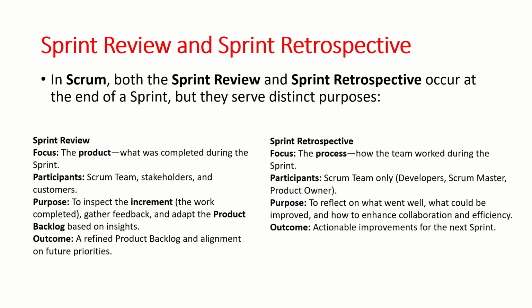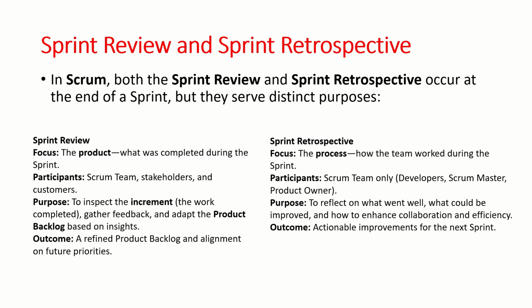In the sprint review, the participants are the Scrum team, stakeholders, and customers. And in the sprint retrospective, the participants are the Scrum team only: developers, Scrum master, and product owner. The purpose of the sprint review is to inspect the increment, the work completed, gather feedback from the customer, and adapt the product backlog based on the insights.